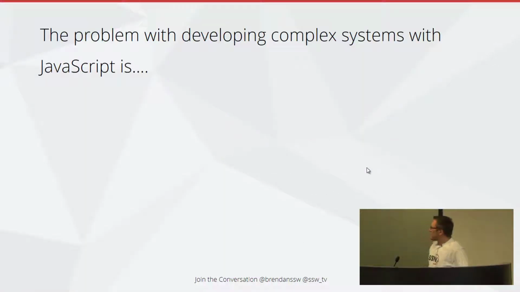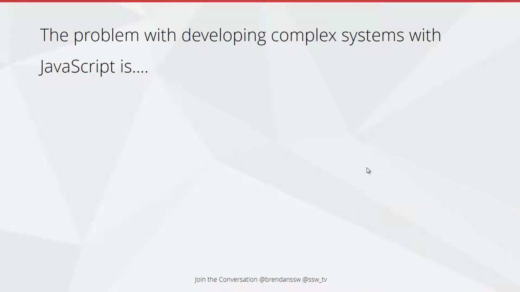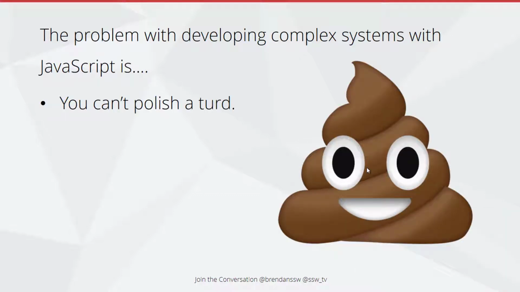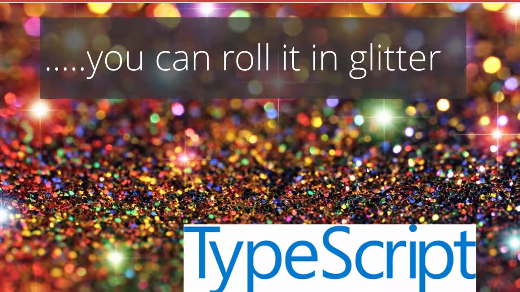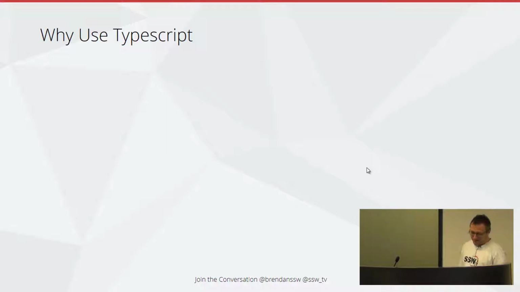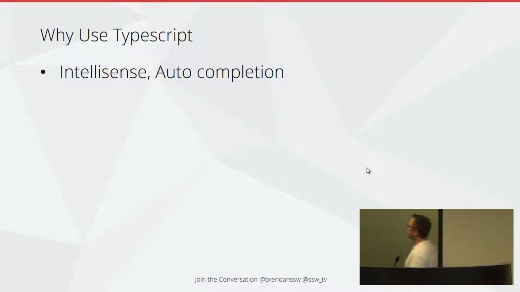And there is a bit of a problem when you're trying to develop a complex system with JavaScript, and that is you can't polish a turd. JavaScript is a terrible language to work with, but you can roll it in glitter. And that's where TypeScript comes in. So why would you use TypeScript? TypeScript gives you all this awesome stuff, a bit more like C# or Java. It's got IntelliSense, autocompletion that works.